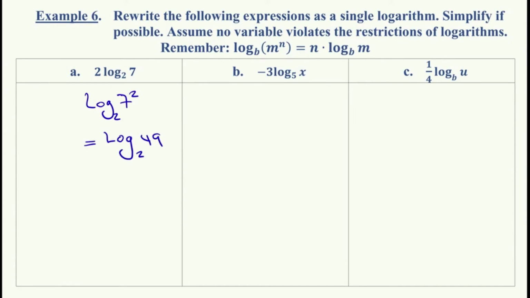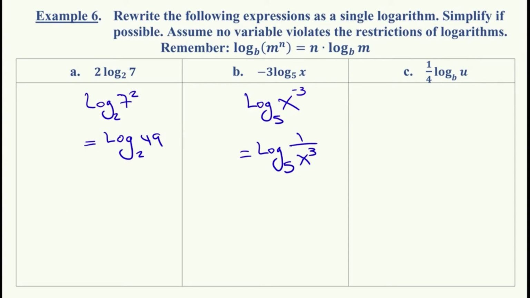And that's all we can do there. The next one, we're going to get log base 5 of x to the negative 3, which we can of course write as log base 5 of 1 over x cubed, like so.